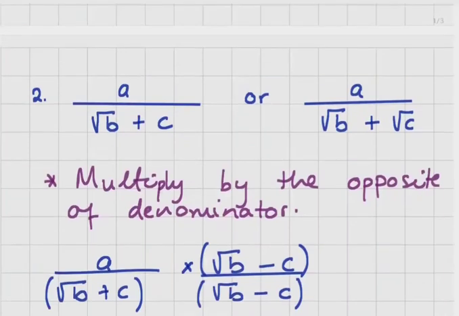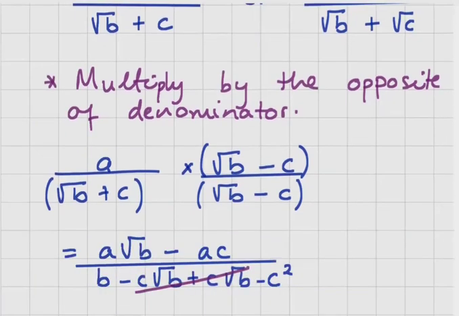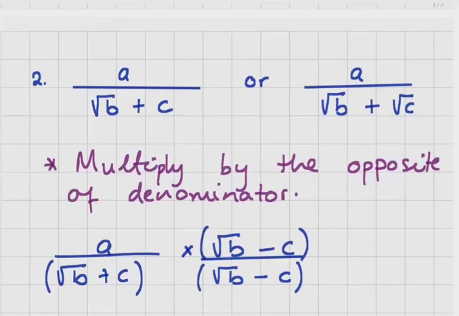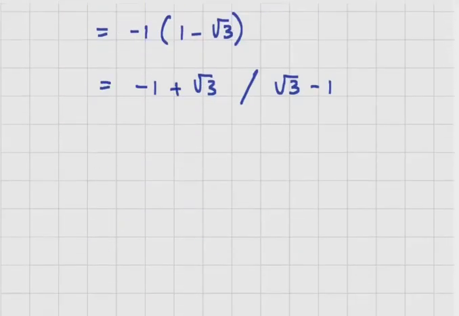Now, the same concept would apply even for our other situation where we have both terms being roots. So we'll take one more example to that effect, just to make sure you see that it's exactly the same. There's no difference. All right, so just one more example coming up.